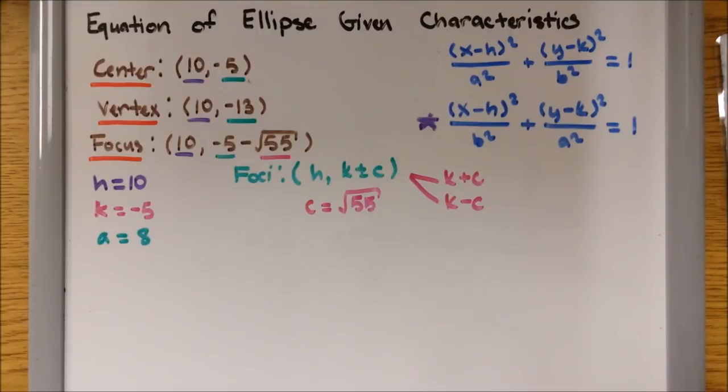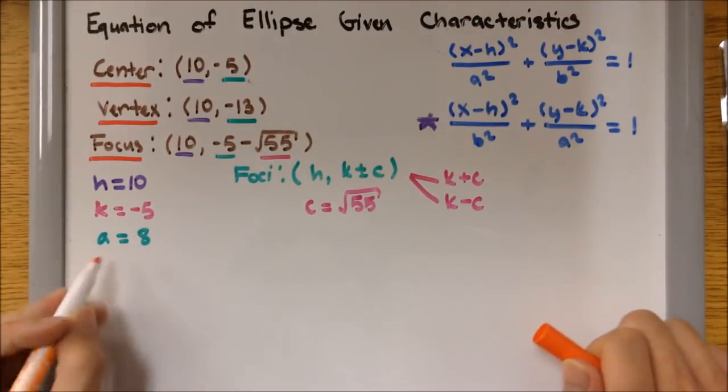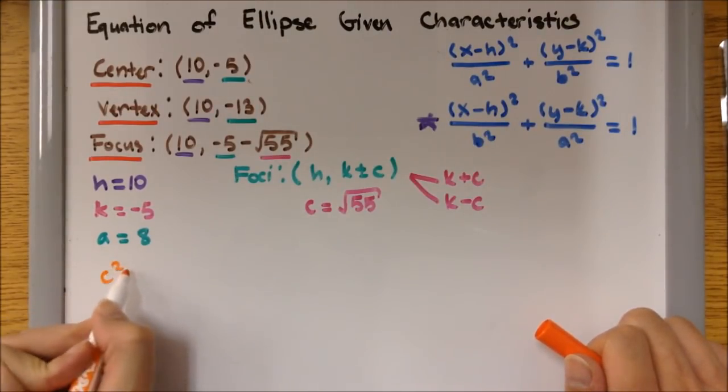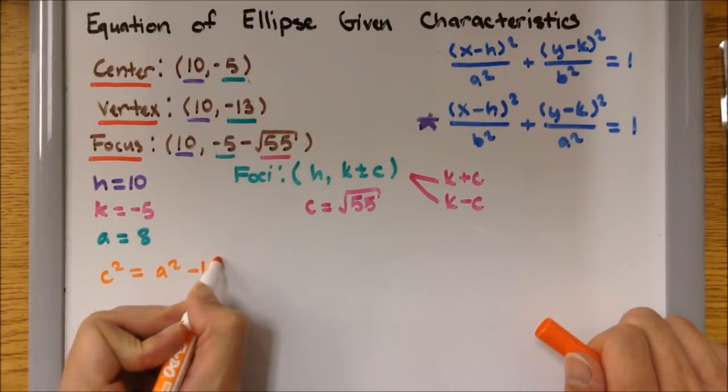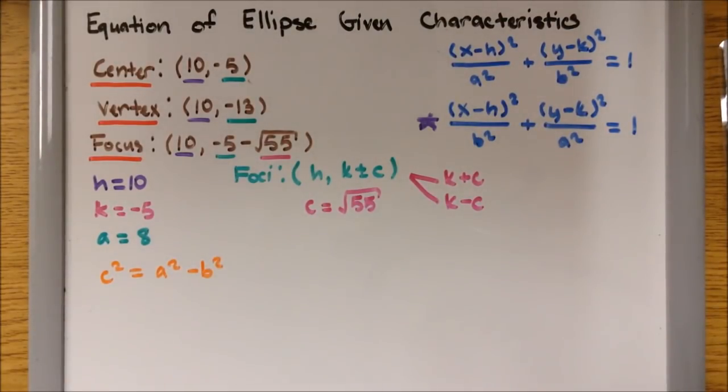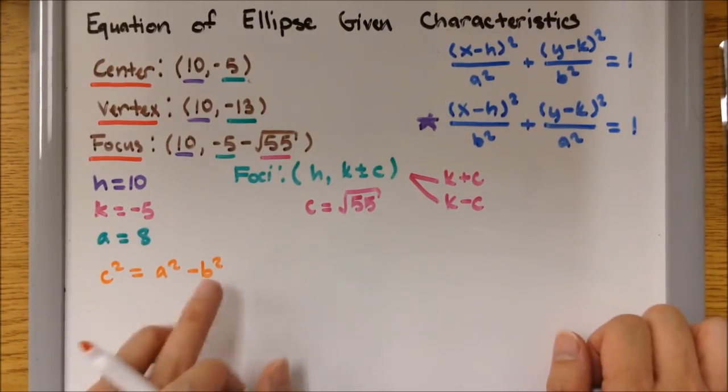So how does that help us? So in the previous section, the formula we had was c squared equals a squared minus b squared. So now all we're going to do is just plug in the value for c and plug in the value for a in order to get b squared.